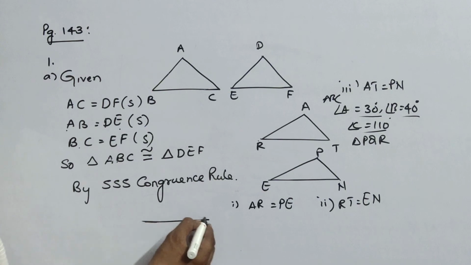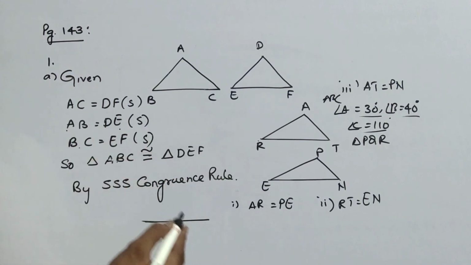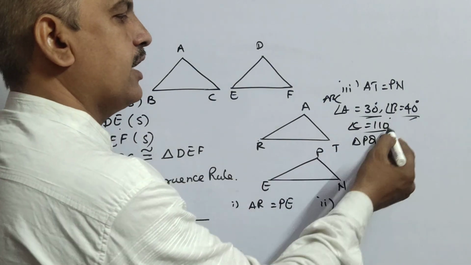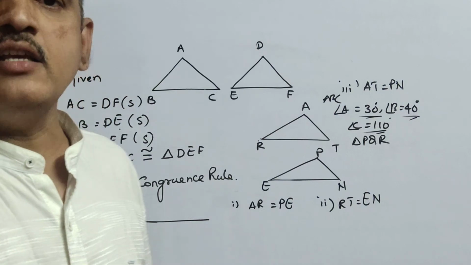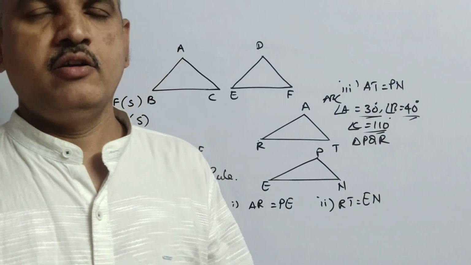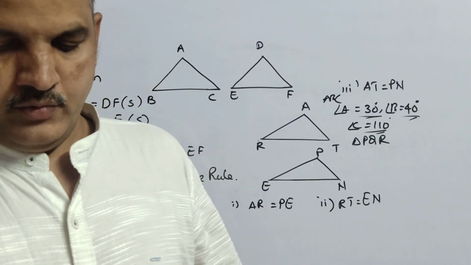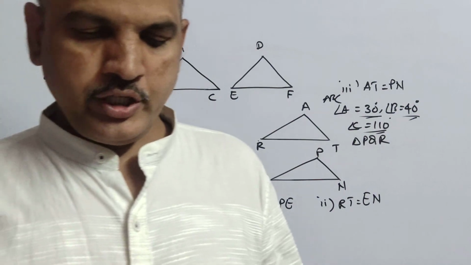So at least one side if he has given, then we have chance to draw a triangle very easily. But here all the three are angles. So it is highly impossible to tell that by AAA congruency rule, those two are congruent. Okay.